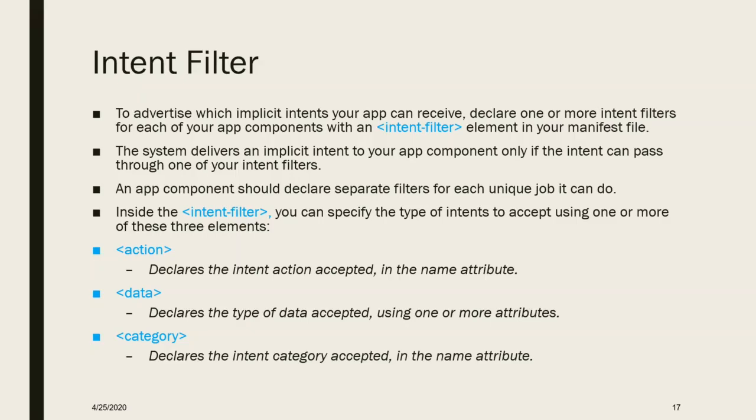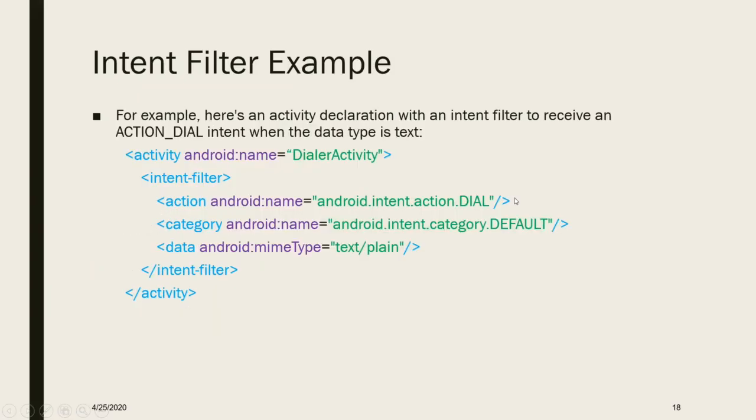Let's take a look at how applications specify intent filters within their Android manifest files. Here is an XML snippet showing an activity tag, and this activity tag includes within it an intent filter tag. That intent filter tag includes an action tag. This action tag corresponds to the intent action that this activity can support.